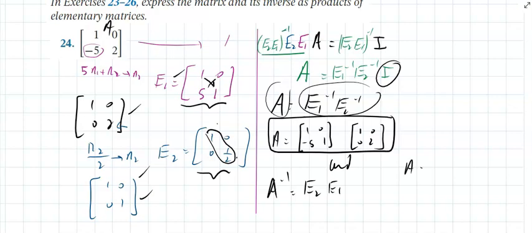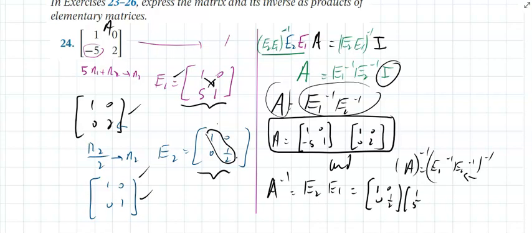If I take A equal E sub 1 inverse, E sub 2 inverse, and I take the inverse of those, A inverse will be, remember, those will swap and the inverse will undo each other. And E2 is simply 1, 0, 0, 1/2 and 1, 5, 0, 1.